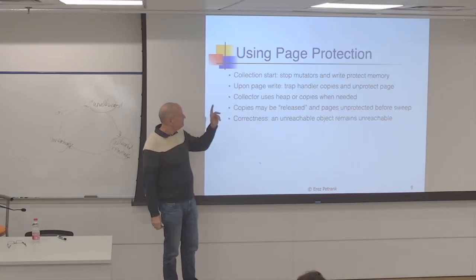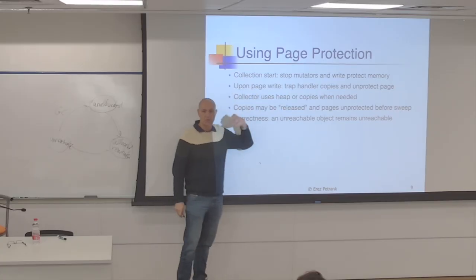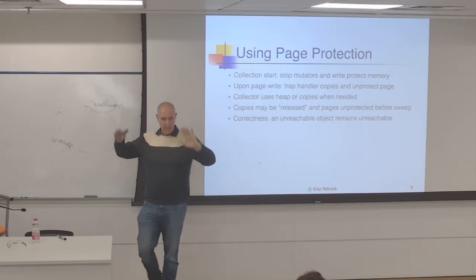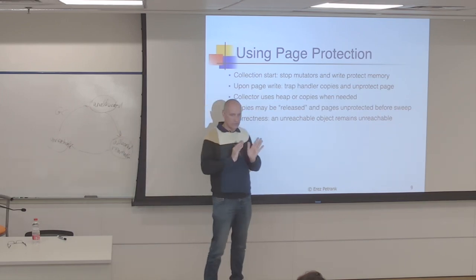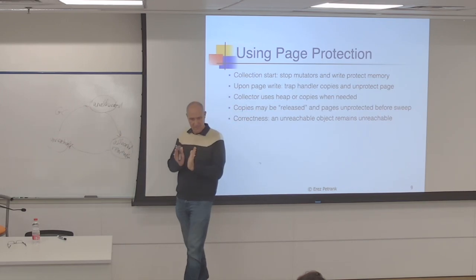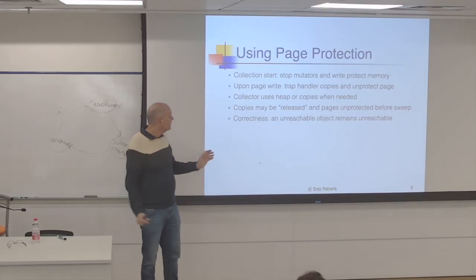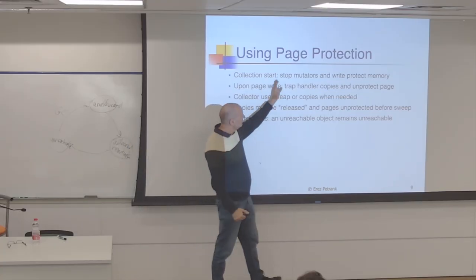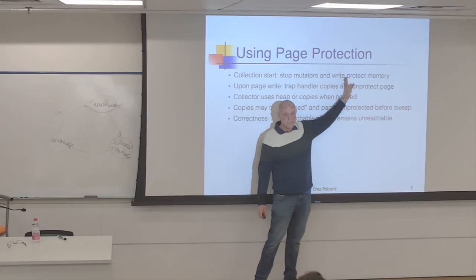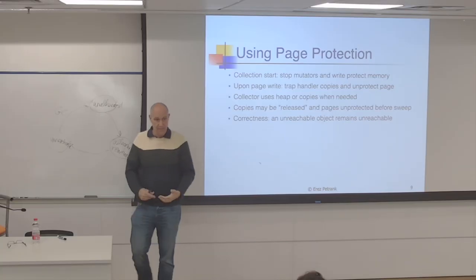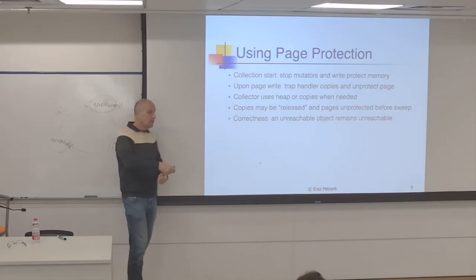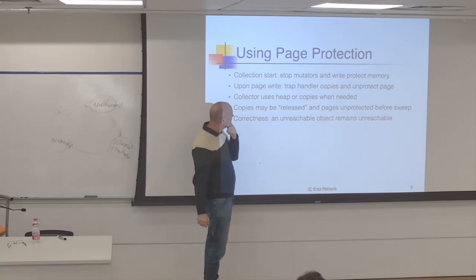And the first paper suggested to use page protection. So I protect the heap, and in operating systems, you probably heard about protection of pages. I stop all the mutators, I write protect the memory. No one can write without a trap. If anybody tries to write, there's a trap handler that comes to work.